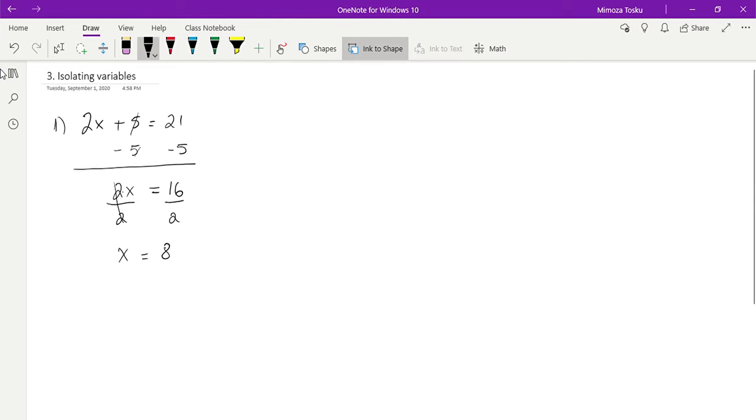And then the second example is another very simple one, which will be, let's say, 3x minus 12 is equal to 33.